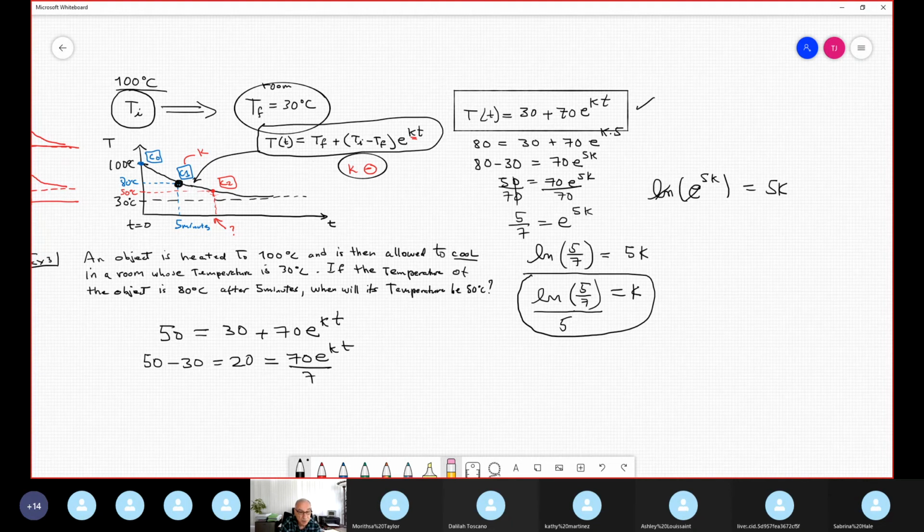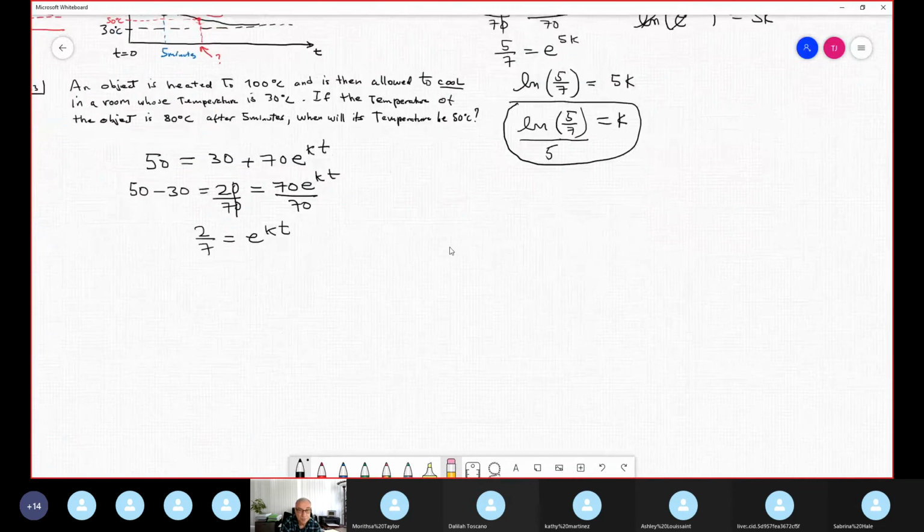Divided by 7 on both sides and cancel out that 0. Of course, 2 over 7 is equal to e to the KT. Apply logarithm on both sides. Natural logarithm of 2 over 7 is equal to KT.